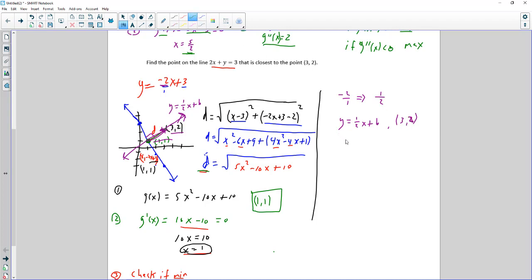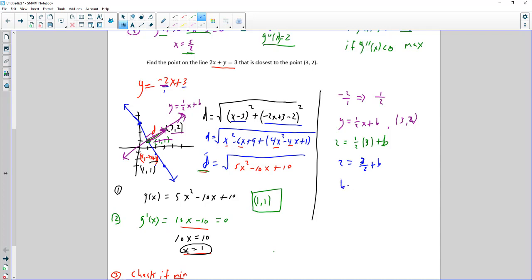Okay, so we've done this before. 2 will equal 1/2 times 3 plus b. Again, hard to write when the delay is so big for this, but there we go. So if I do this, this 2 is going to equal 3/2 plus b.